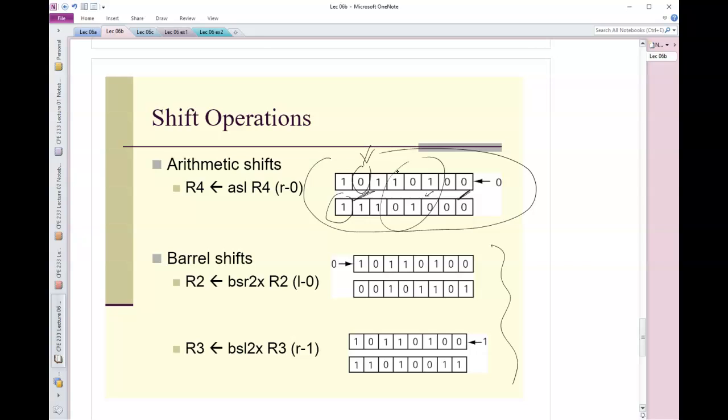Now the same thing, I don't have an example for it. When you're shifting right, essentially the sign bit is propagated towards the right direction. So the new bit is always the sign bit. The sign bit's protected, but the new bit on the left side when I'm shifting right is the sign bit.